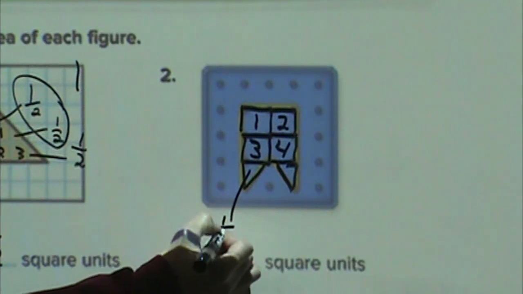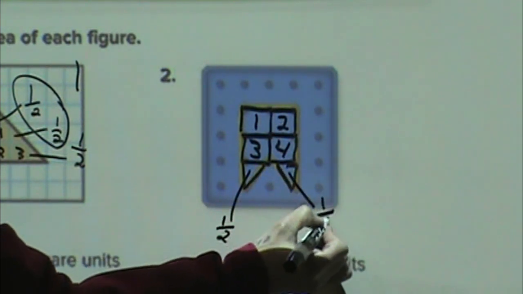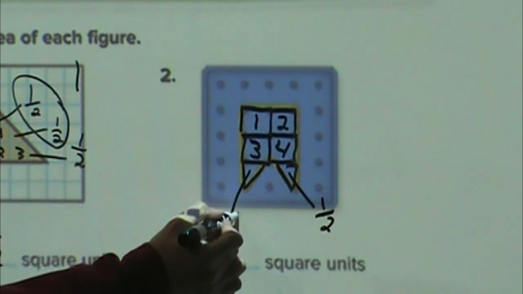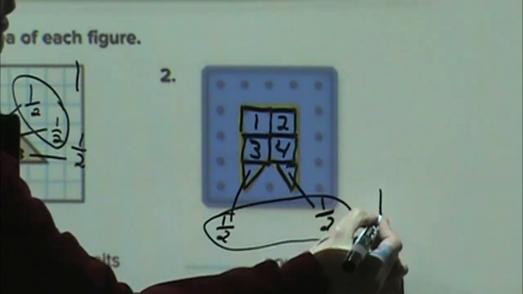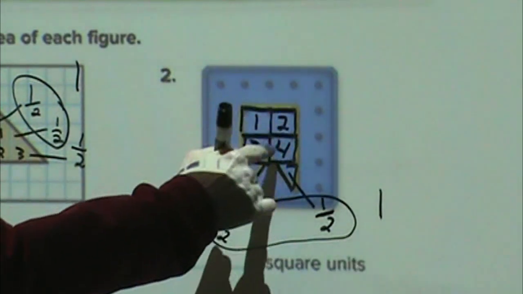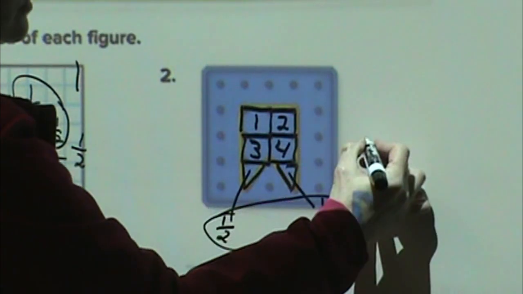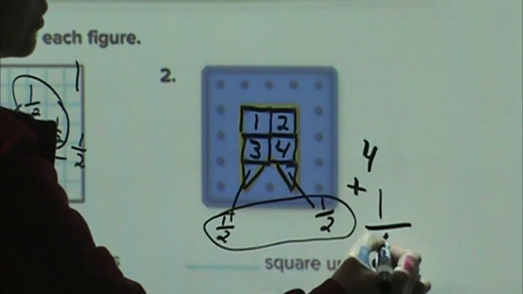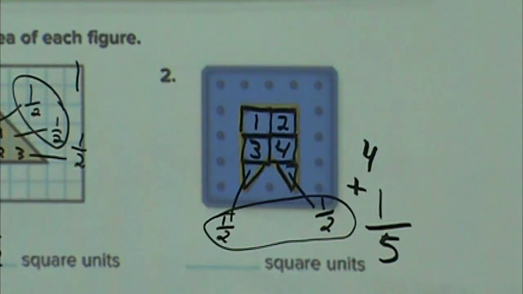I'm going to pull out this half, pull out this half. 1 half and 1 half is another whole. 4 wholes plus the 1 whole equals 5. This figure has 5 square units.